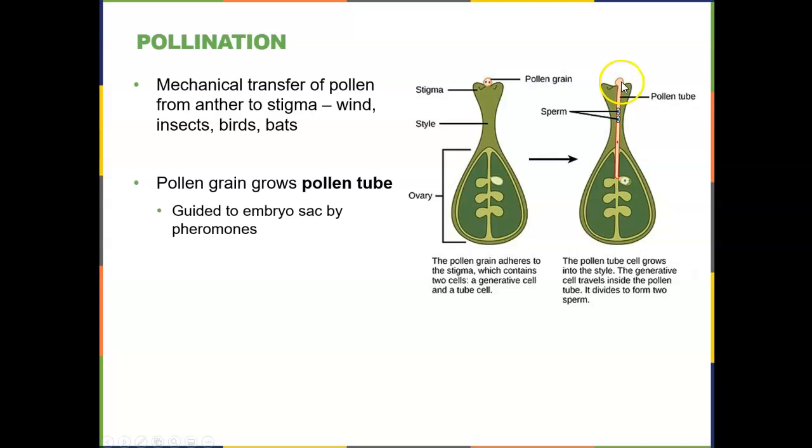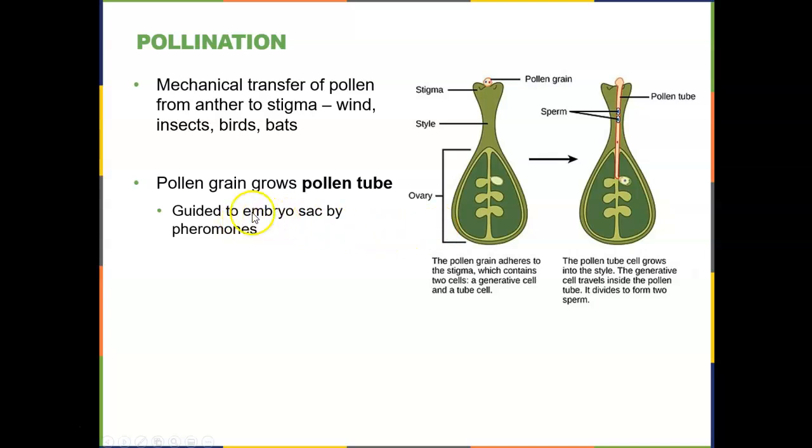Here we see the pollen tube, the one that had the red nucleus, which is growing down to an ovule. Now, if there is more than one ovule, you'll have to have multiple pollen tubes. So each pollen grain can only supply one ovule.